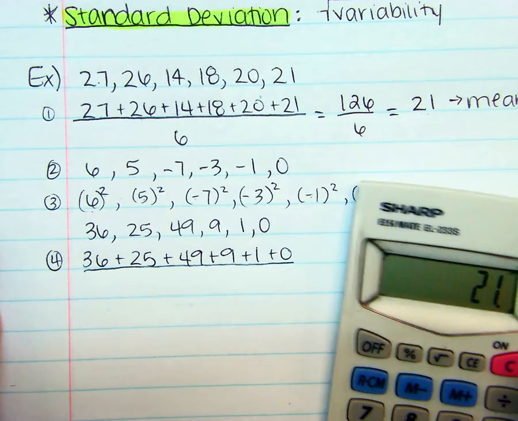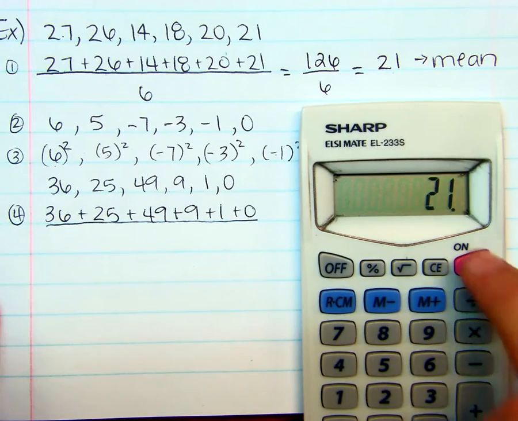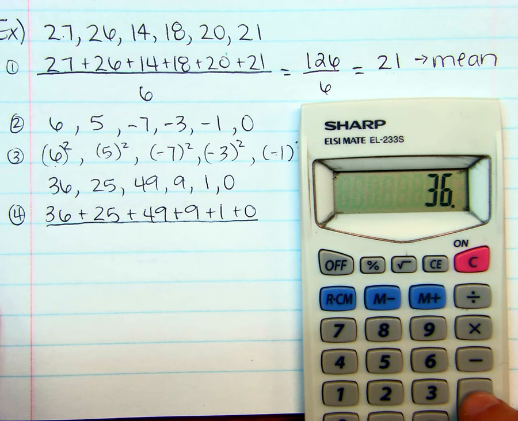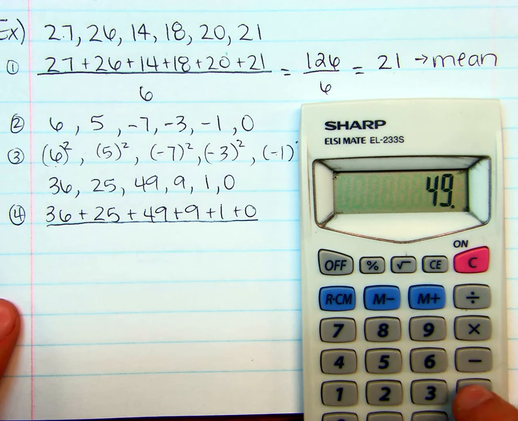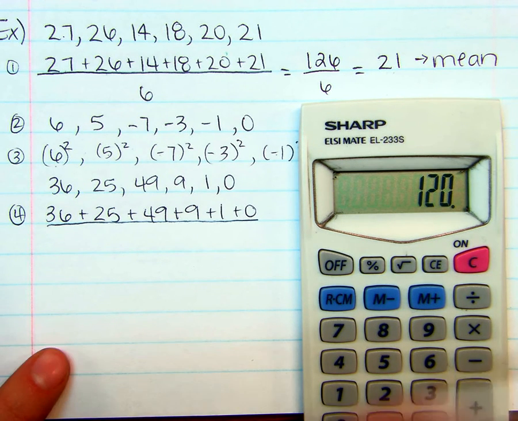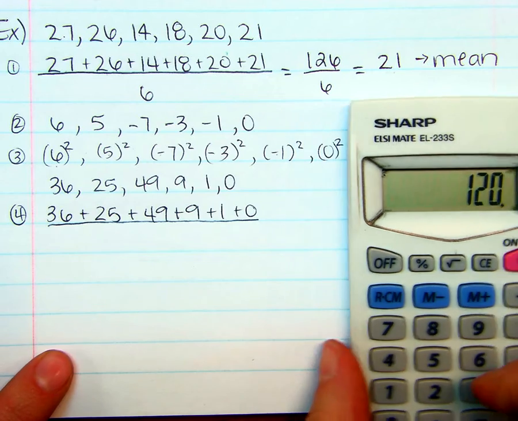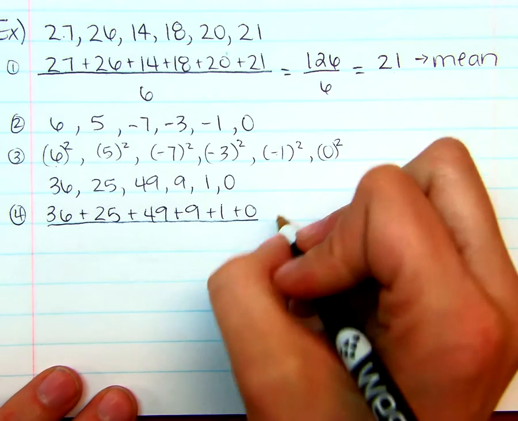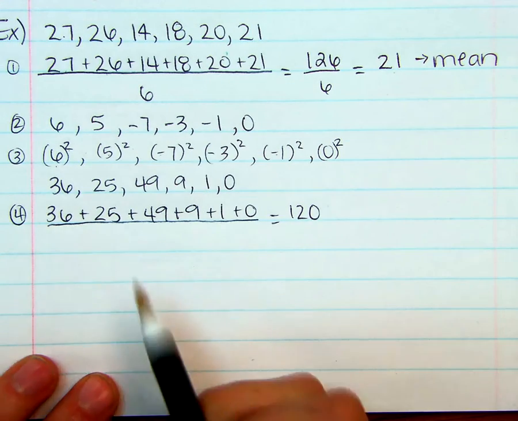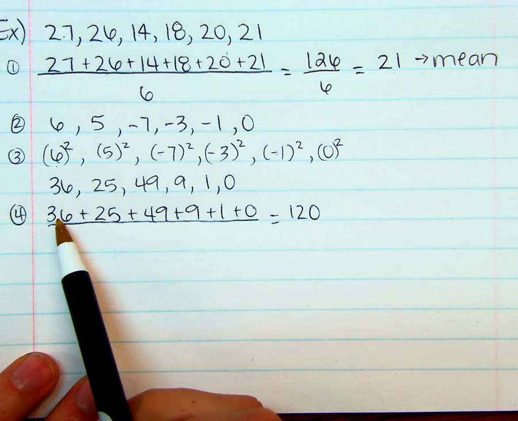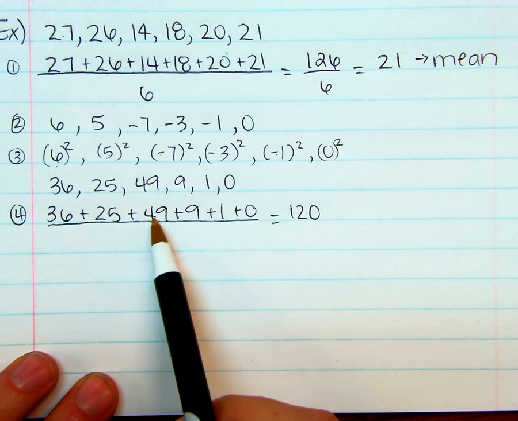So let's get our calculator back out. And we've got 36 plus 25 plus 49 plus 9 plus 1. We can add in 0 if we want, but I know that it's going to be 120. And then how many numbers do we have? 1, 2, 3, 4, 5, 6.